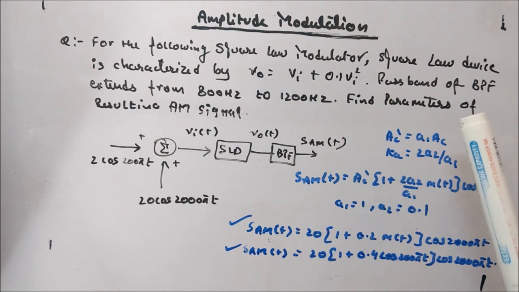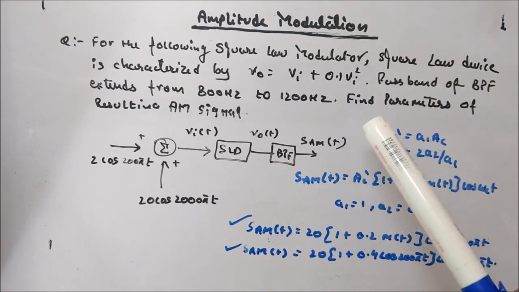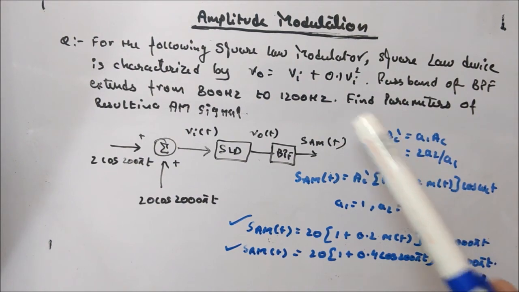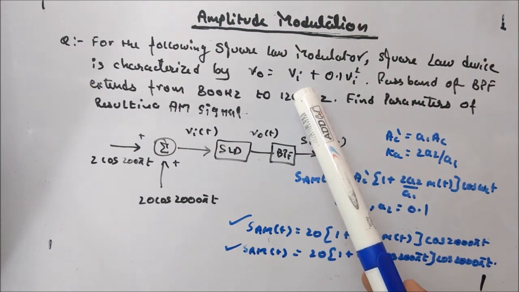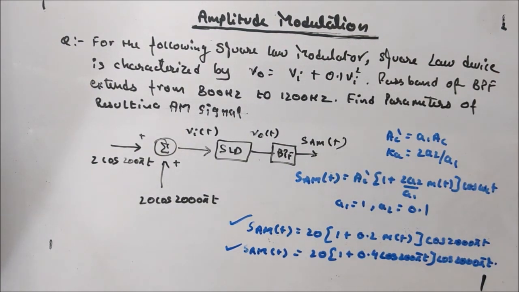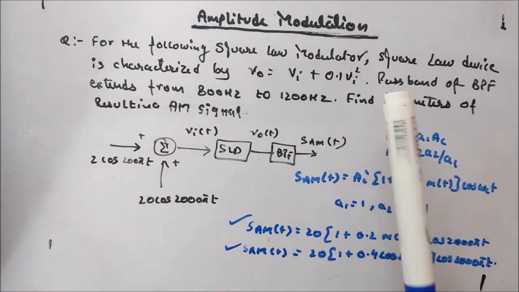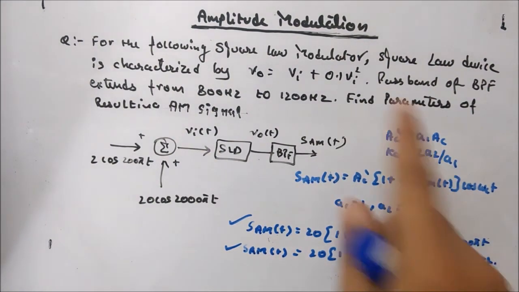If they ask, they will mention the equation, and if they don't give you the equation, by default it is meant like this: there will be a linear term and a square term. Higher order terms will be neglected. If they want to mention those terms, they will explicitly write the equation. Then you have to solve it again.